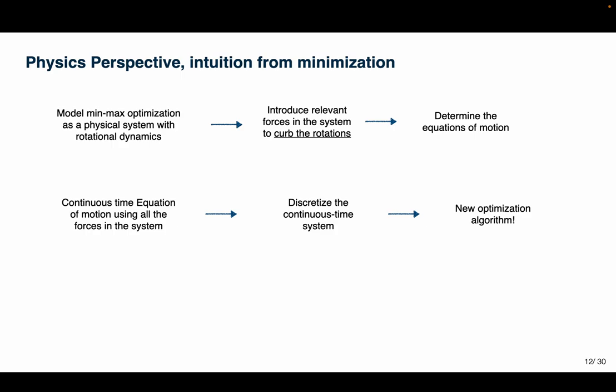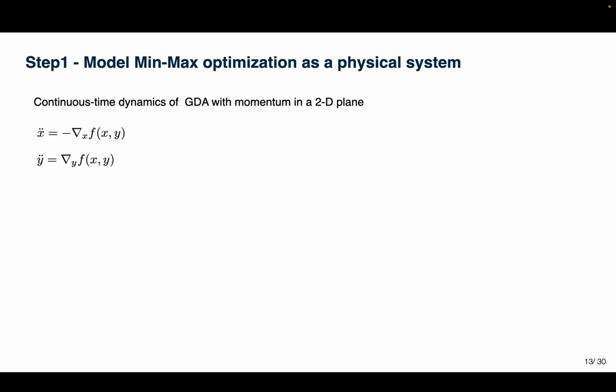And then we introduced relevant forces in the system to curb or reduce these rotations. Then we will write down the equation of motion using Newton's second law, and this will give us a continuous time equation of motion using all the forces in the system. Given the continuous time equation of motion, we discretize it, and then we have the optimization algorithm. So this is basically the recipe that we followed in the paper.